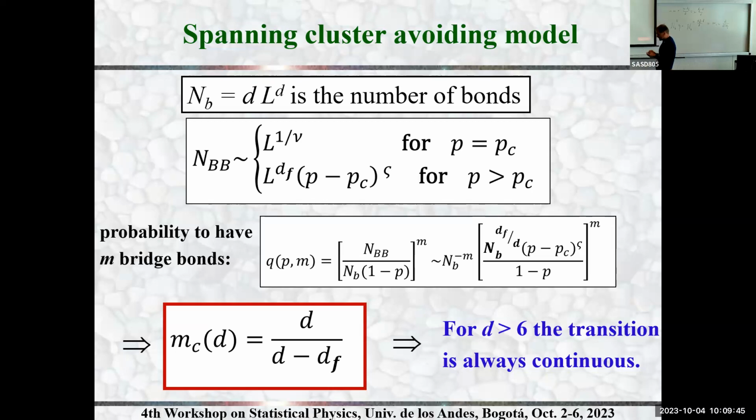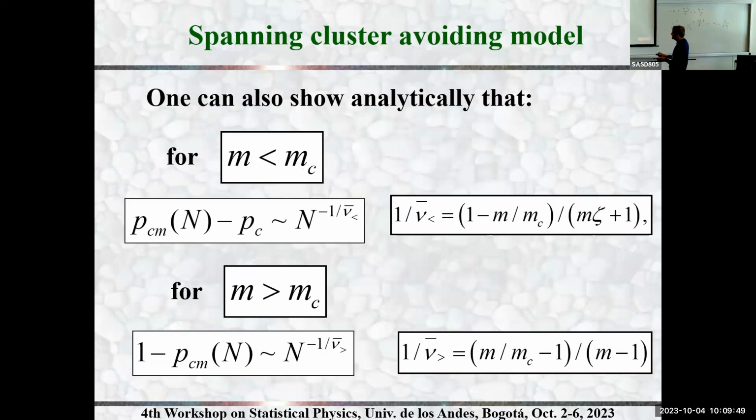And one can even further, I mean, this was really a tour de force at the end. We can even prove how, if you are not at PC, but you are above or below MC, how fast you are moving upwards or downwards in PC as function of system size.